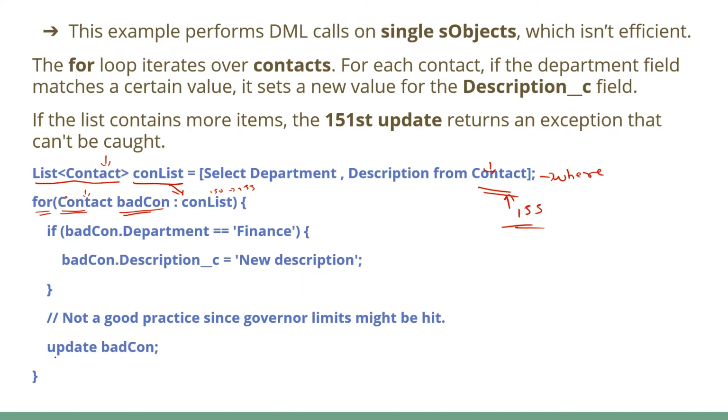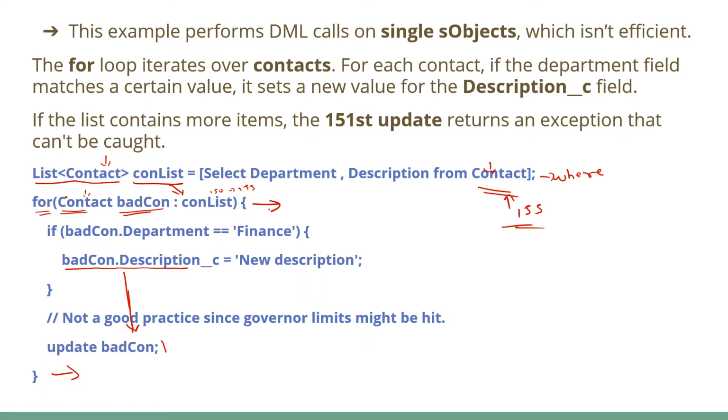So we are now updating that badcon. Here we are assigning this value, and then we are just updating this, and this whole process is happening inside the for loop.